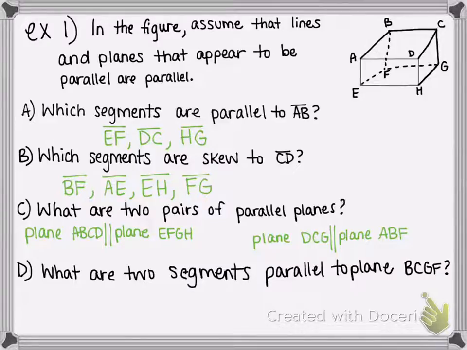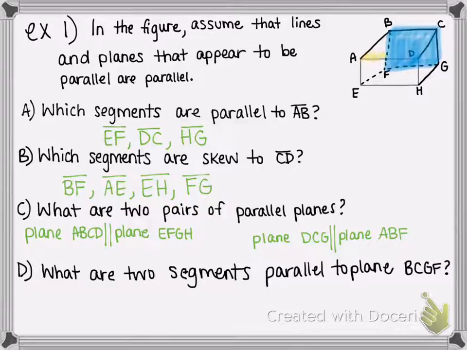The last example: what are 2 segments parallel to plane BCFG? It says GF, not EF. I was confused on how that plane was happening. We're trying to find lines that are parallel to that plane.